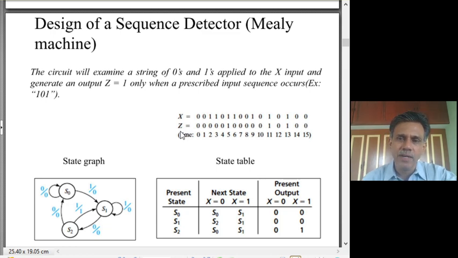So usually when we deal with design of a Mealy or Moore machine and view it as a sequence detection problem, the first step that you are urged to do is to take an example and then write out the output sequence for a given input sequence.